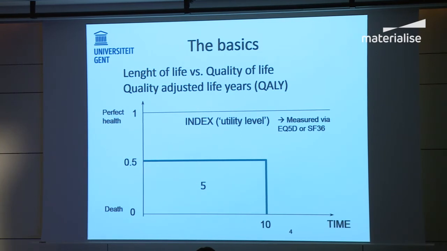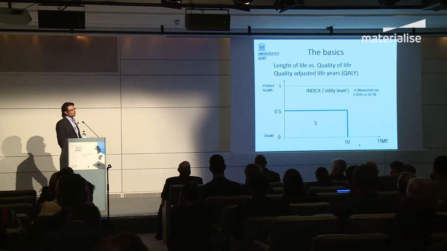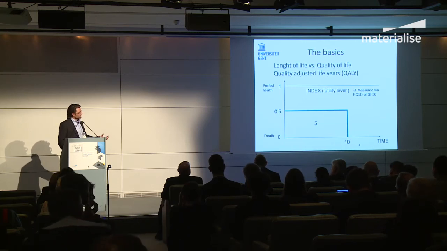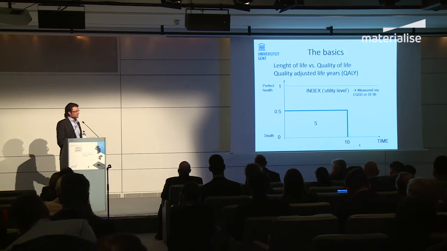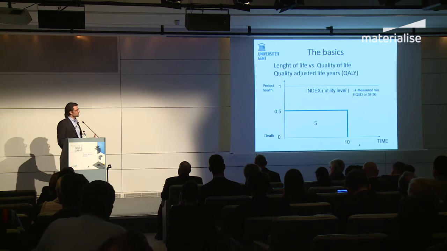One quality-adjusted life year, or one QALY, would be 1 year of perfect health. So, for example, if we have a utility of 0.5, and we take that for 10 years, we would have a QALY of 5.